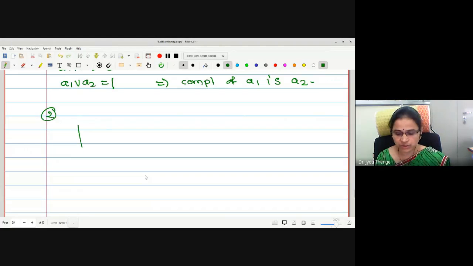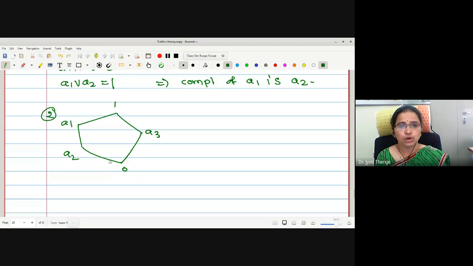Let me take one more. I will take this example and I will stop. This is say A1, this is say A2, this is the greatest element, somewhere here is A3, and this is my least element. To check again, the least and greatest elements are unique complements of one another. What is the complement of A1? What do you think?